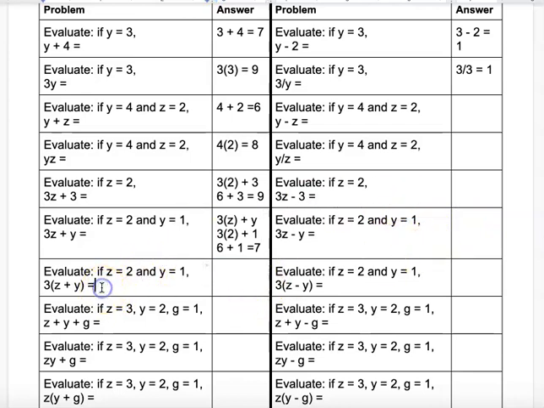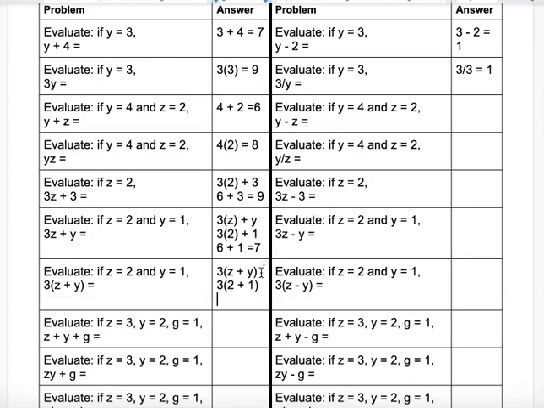Oh, this next one, I'll go over it as well. There's some more challenge problems here. So you have a set of parentheses. So first, before you do anything, just plug in the numbers. Substitute them in. So z is 2, and then plus y is 1. Now, if you have parentheses, remember parentheses is always first, inside the parentheses, unless you don't have an operation, which is why, even though I have parentheses around this 2, there's no operation with it.